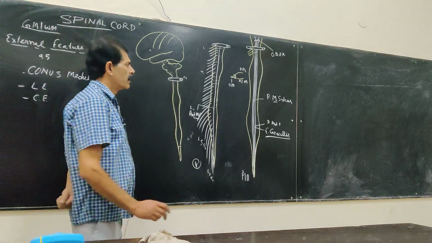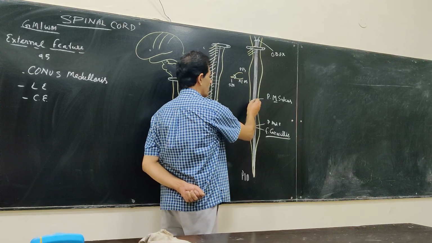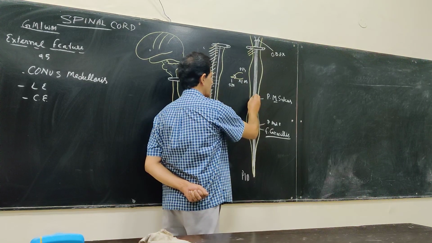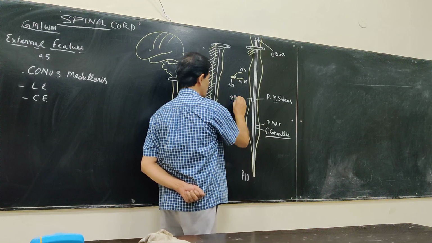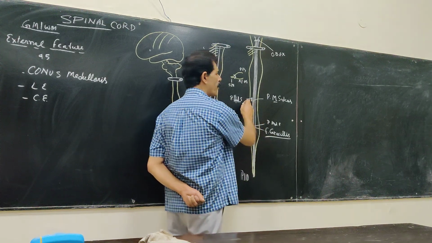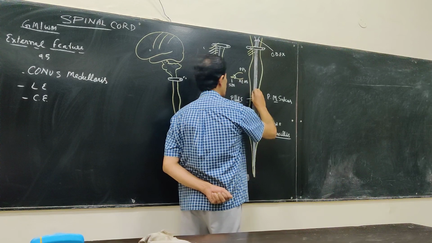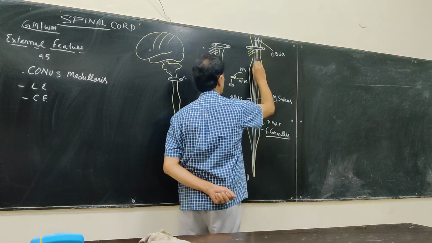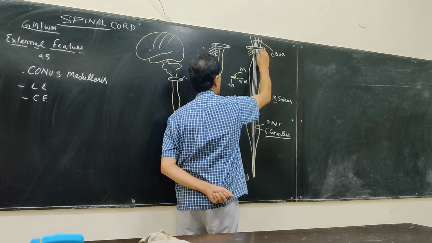Then, in the mid-thoracic part, there is another sulcus. It is called the posterior lateral sulcus. The posterior lateral sulcus starts from the midpoint of the spinal cord, and it continues up similarly to the fasciculus gracilis, on either side.